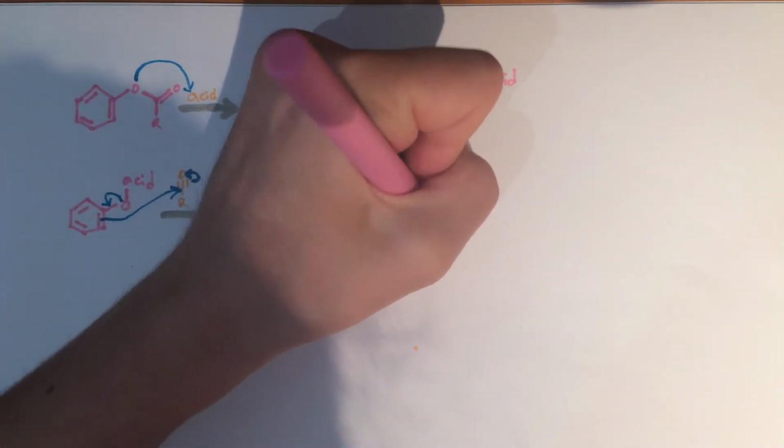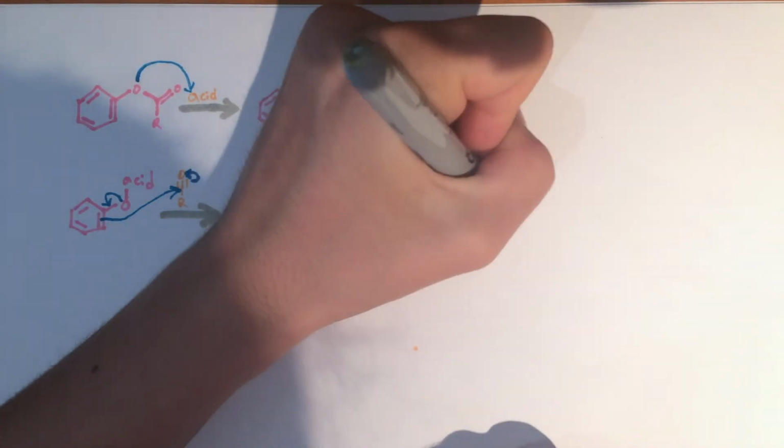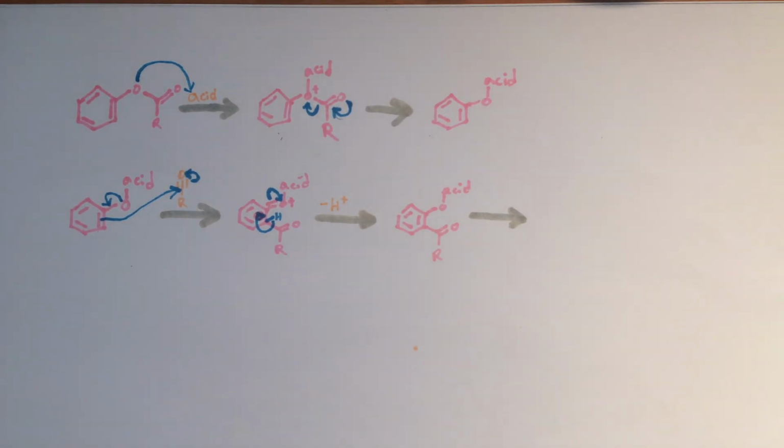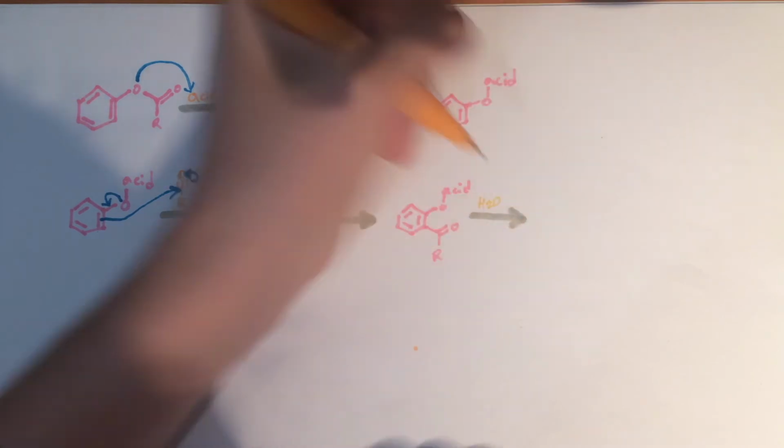and there. Now, the last step is to convert the ether group into an alcohol, and we're just going to assume that the solvent is water. So we're just going to add an H2O.